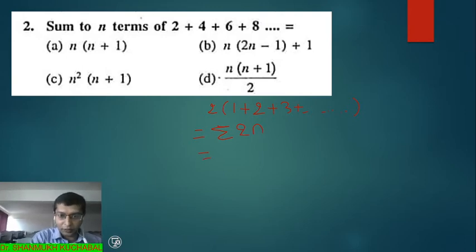Further, 2 is a constant, we take it outside, we get summation n. 2 as it is, summation n is the sum of n natural numbers, that is given by the formula summation of n equal to n into n plus 1 divided by 2. So we can substitute here 2n into n plus 1 divided by 2. The 2 cancels. Therefore the solution is n into n plus 1. That is option A, n into n plus 1 is the right answer.